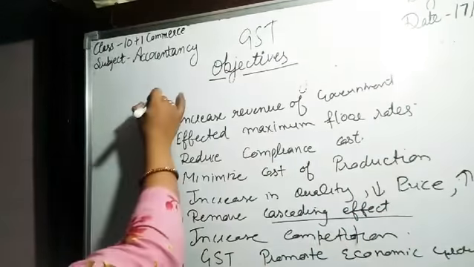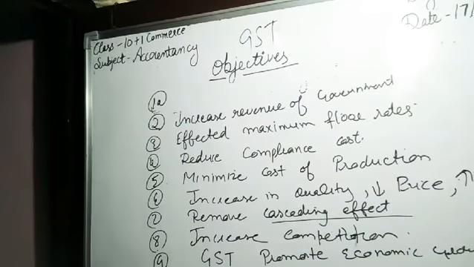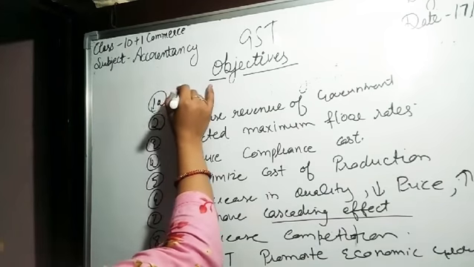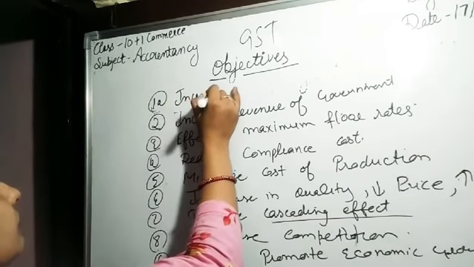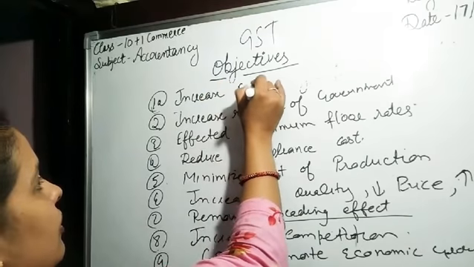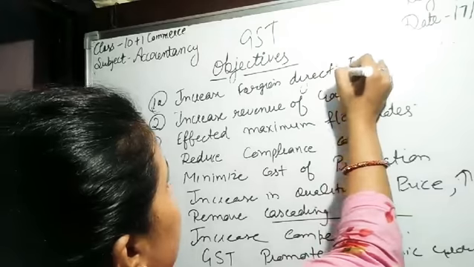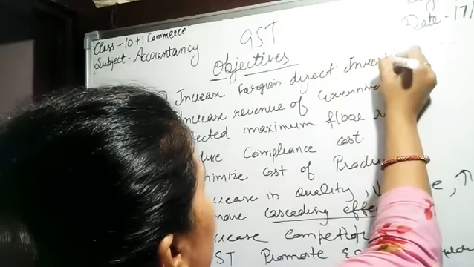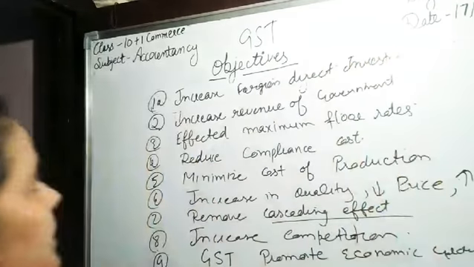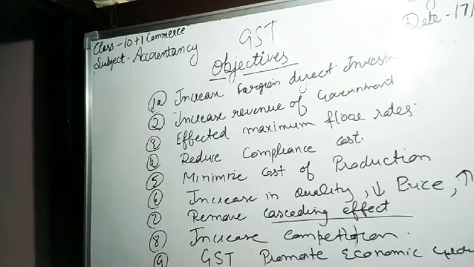The last and the 10th point of objective, why GST is introduced: GST would help to increase foreign direct investment. Why does it increase foreign direct investment? When GST is introduced, a number of indirect taxes are abolished.